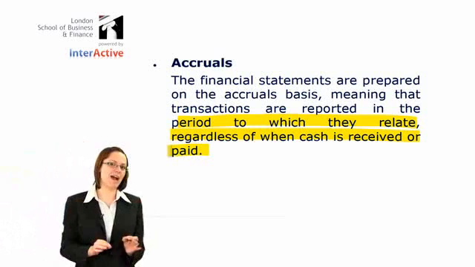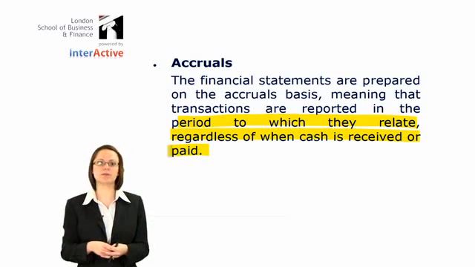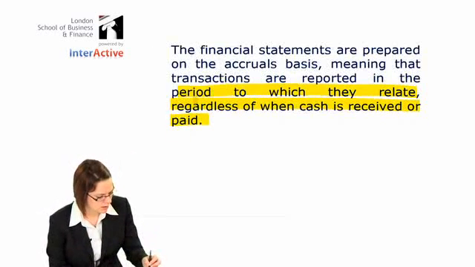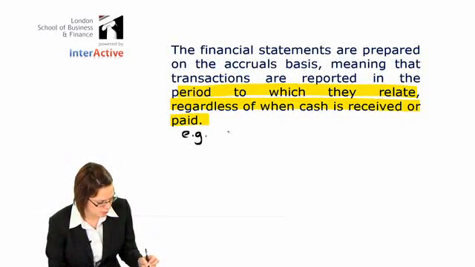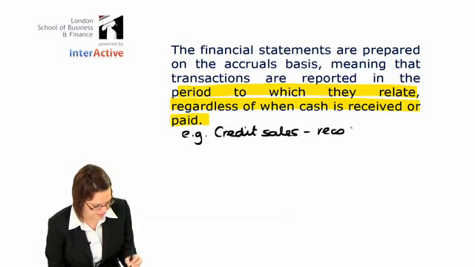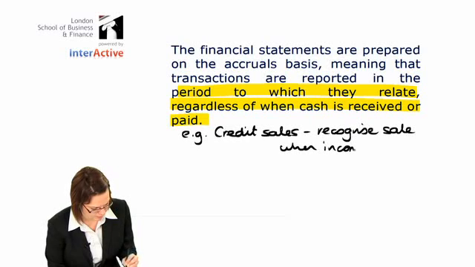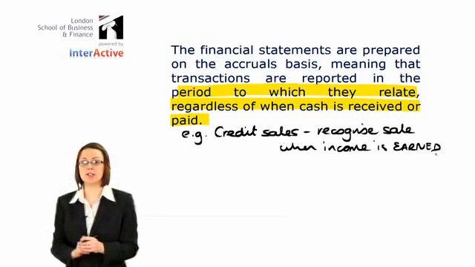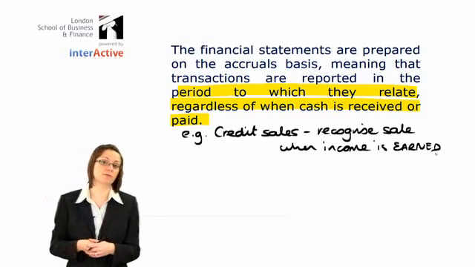We record it now when income is earned. Okay? So we'll just write that down. For example, credit sales. You recognise sale when income is earned. So when you've invoiced that customer.